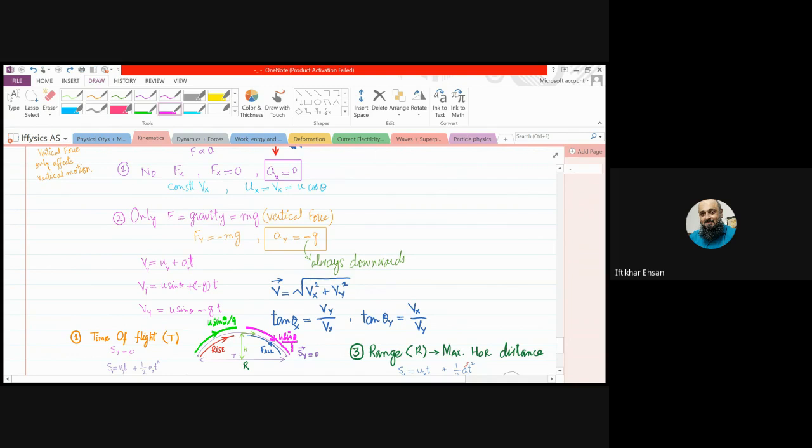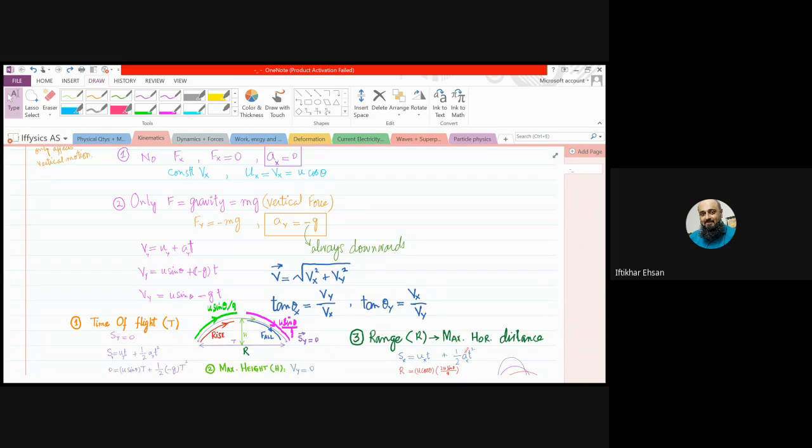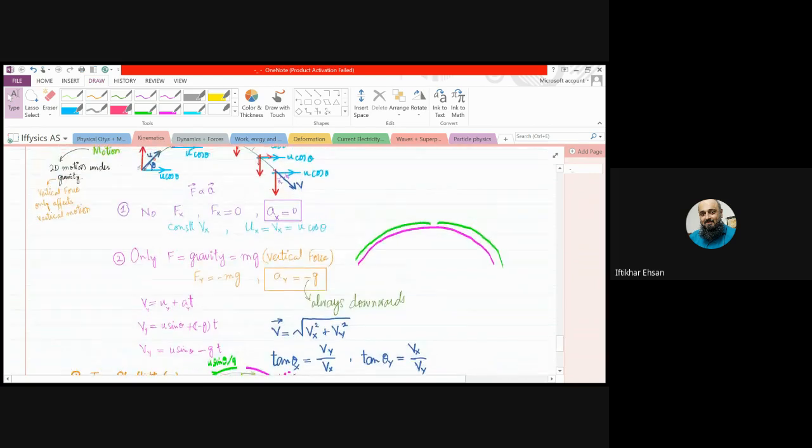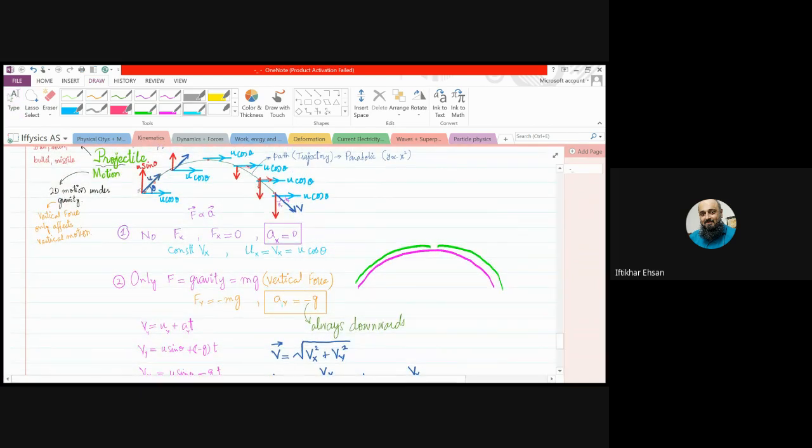Here now one thing we have to discuss, and that is going to be very important. When the object is going like that, we can divide it into two parts, when it's rising and when it's falling. In all situations, when we see the vertical, there is a vertical acceleration.